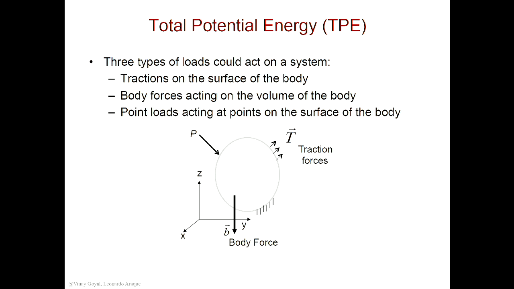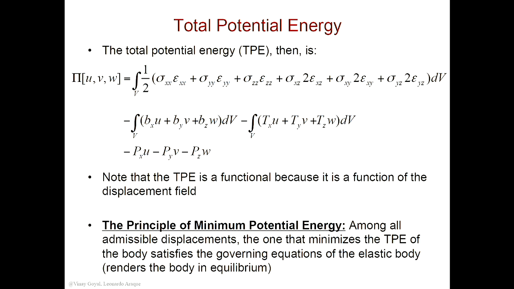So what the minimum principle of potential energy is saying is that the deflections in locations where the displacements are admissible, are permitted, while also satisfying those fixed boundary conditions, the displacement field that corresponds to the one that minimizes the total potential energy, okay?